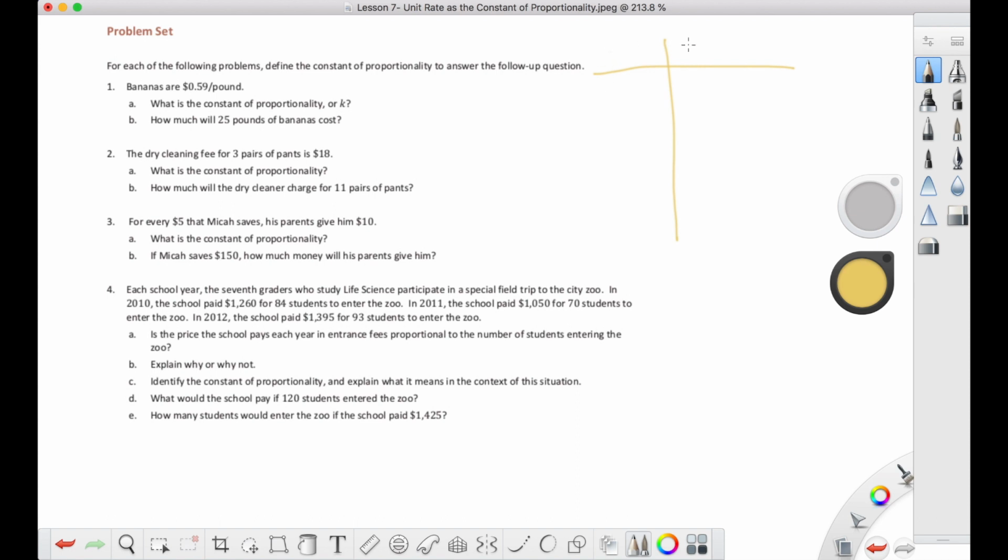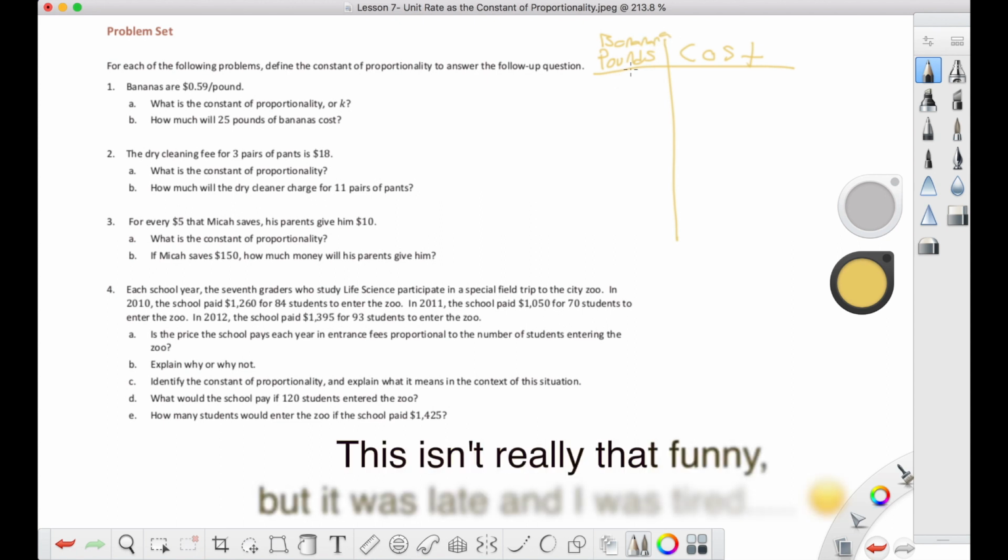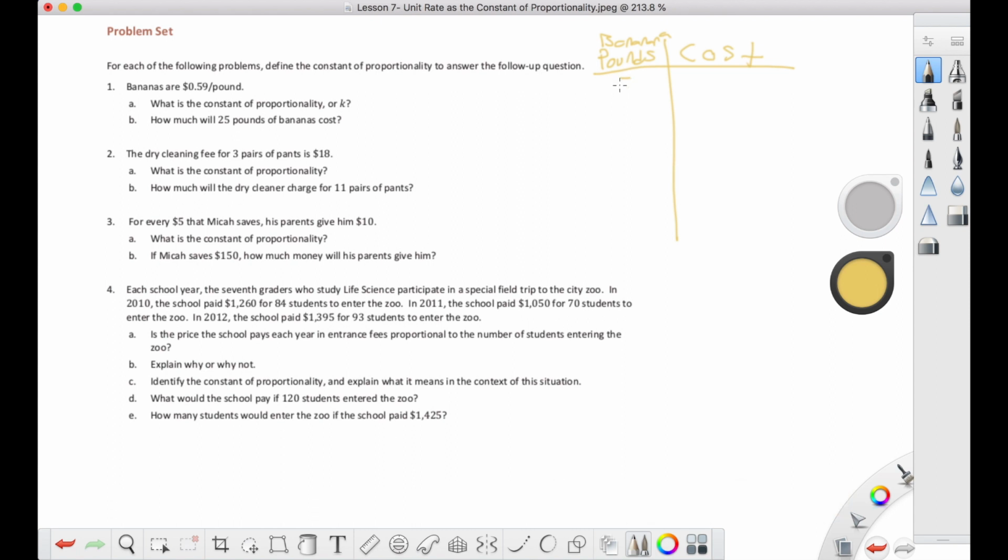So here is the cost, and here is the pounds. Okay, so 1 pound of bananas is 59 cents.